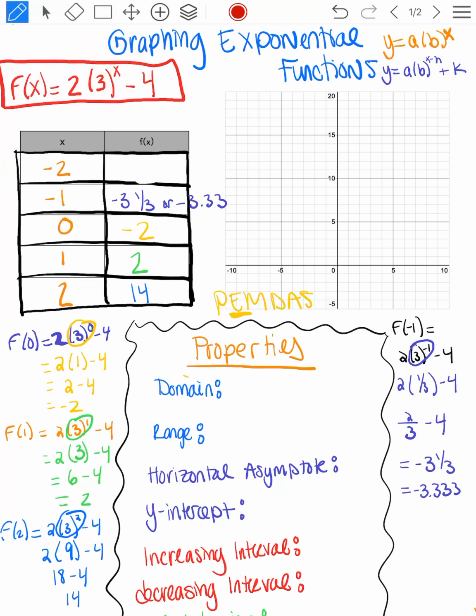And now I'm just going to repeat and do f of -2. So 2 times 3 to the -2 power minus 4. Again, negatives just mean fractions. So 3 squared was 9, so 3 to the -2 is 1 over 9. So I have 2 times 1 over 9 minus 4. 2 times 1 over 9 is 2 over 9 minus 4.